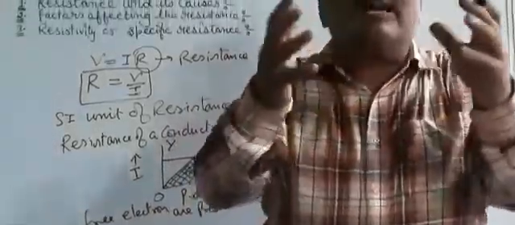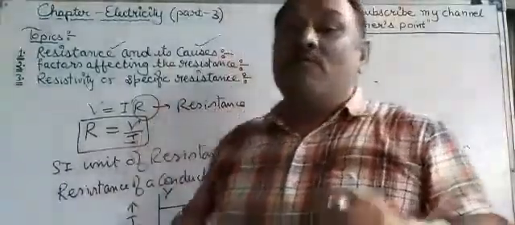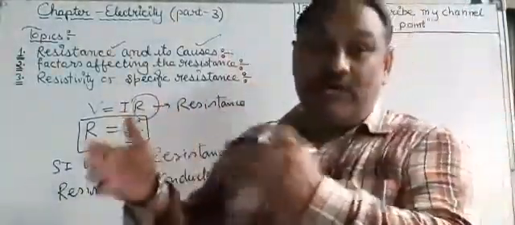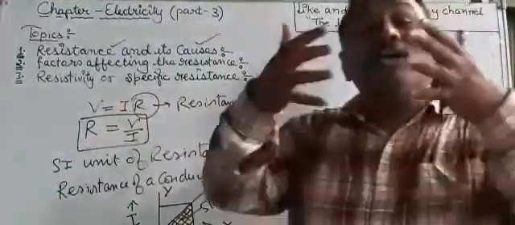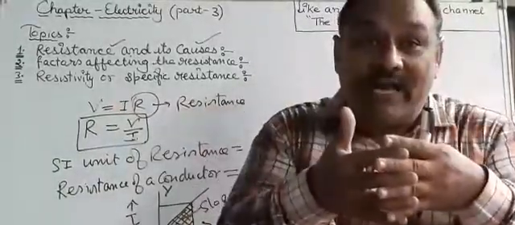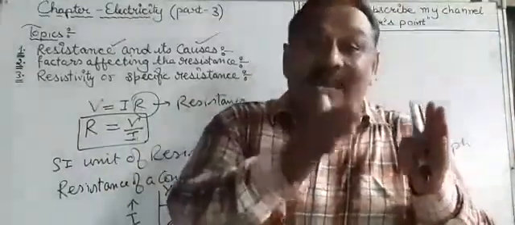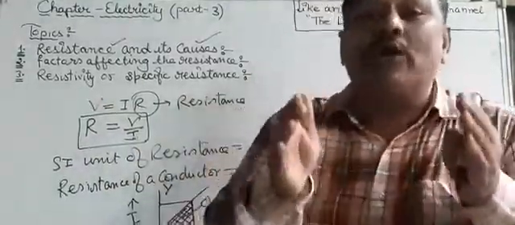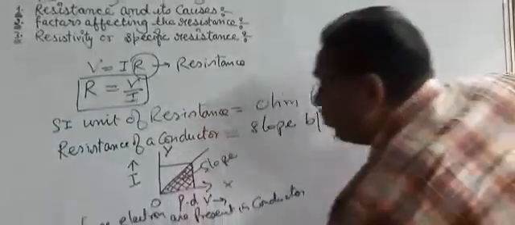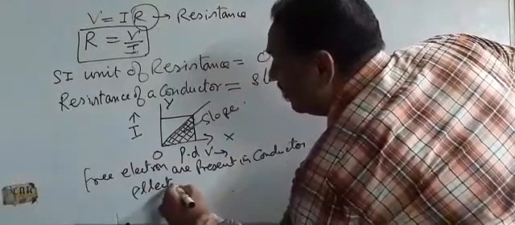When we maintain a potential difference, electrons start moving from here to there. And when they are moving, they collide with each other. They oppose the motion of the electrons. The more collisions the electrons undergo, the more resistance there will be.